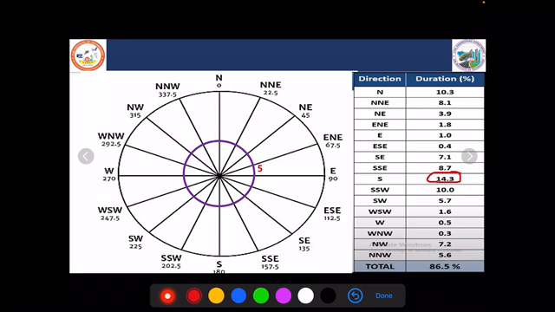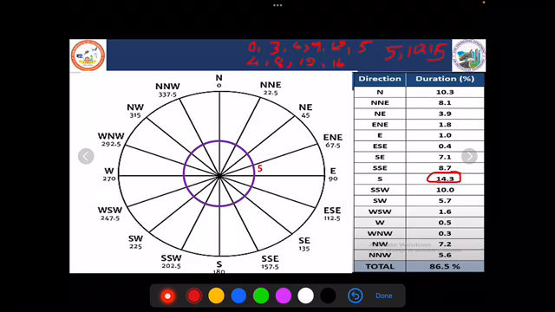Or the first scale can be 3, 6, 9, with each concentric circle starting from 0, then 3, 6, 9, and after that 12 and 15. Or the divisions can also be 4, 8, 12 and 16, or you can also have 5, 10 and 15.